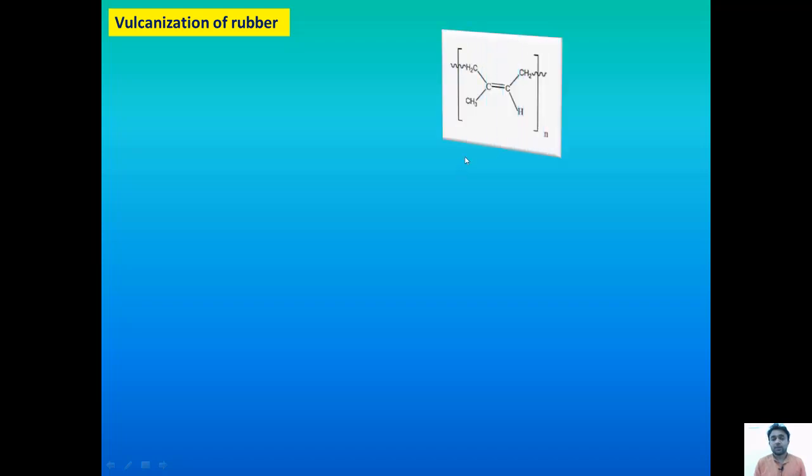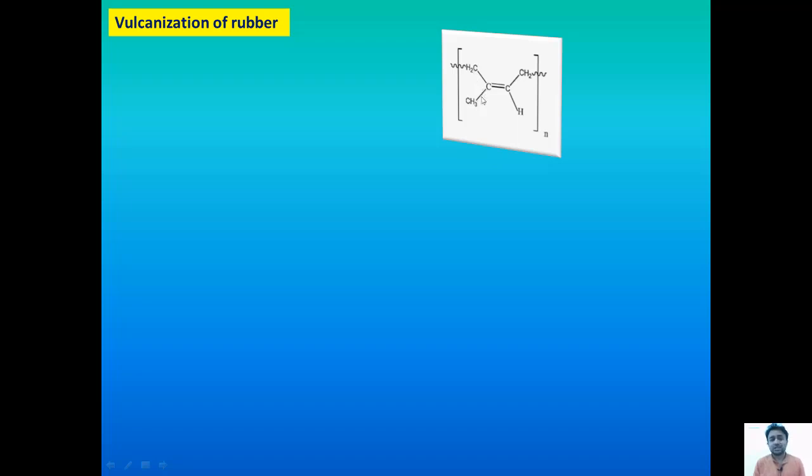So before that, we need to know what vulcanization is. Here this is the polymer chain, or the repeating unit, of 1,4-cis polyisoprene, that is the polymer of natural rubber.